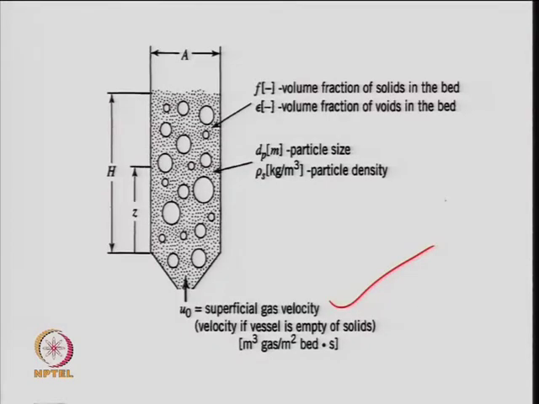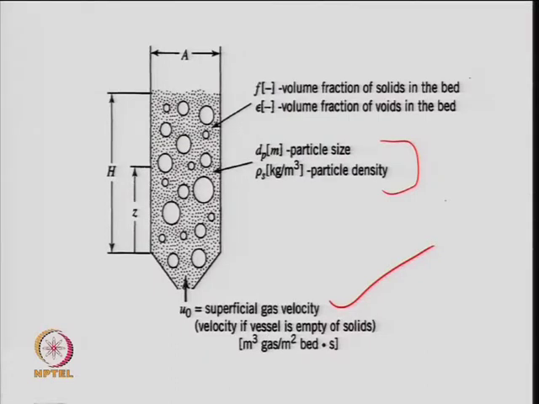Then the diameter of the particle size, right. Different size particles may be there, or single size particles. These small dots are representing the particles, right. Particle size and their density, both are important, as I discussed. Fractions, right: the volume fraction of the solid in the bed. Basically, what is the mass of the solid in the bed, or we define it in terms of the volume fraction of the solids in the bed.